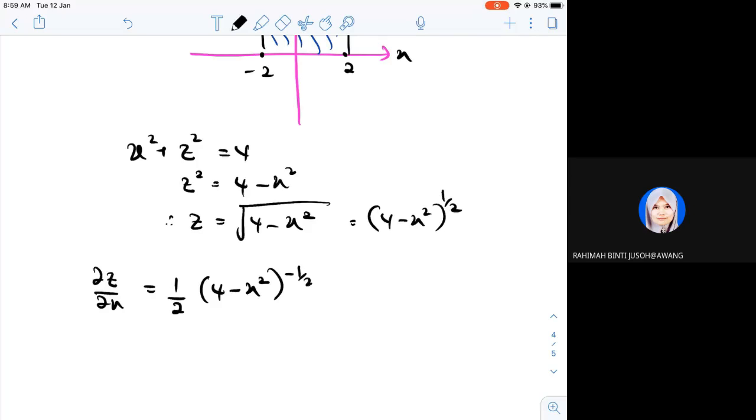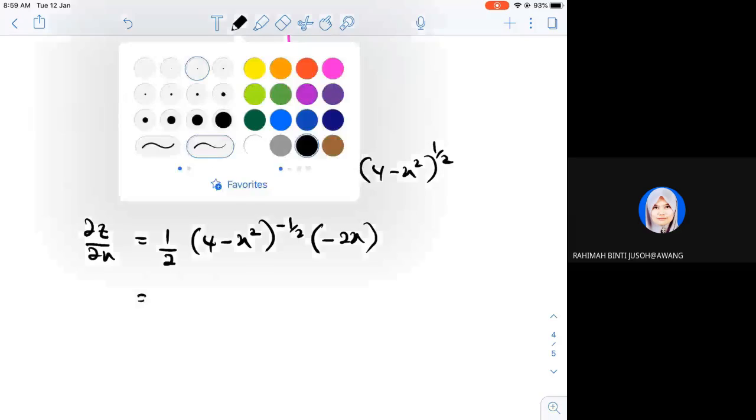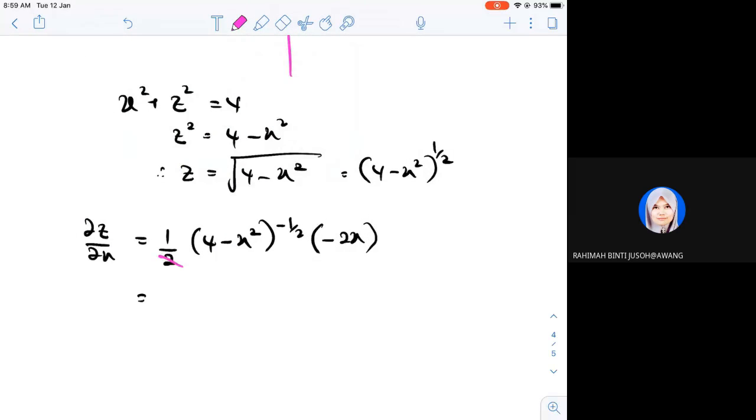Yes, -1 over 2 and then multiply with? -2x. Yes, -2x. Very good. So we can cancel this 2 and -2 ni. So we will have -x. Power -half becomes the denominator. So -x over square root of 4 minus x squared. Macam tu. So that is del Z del X.